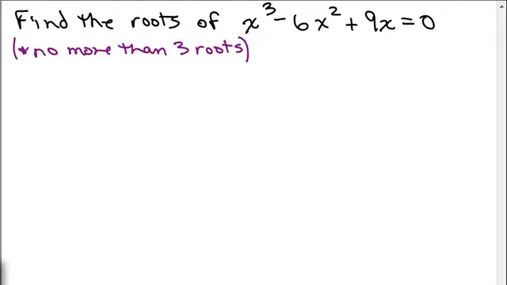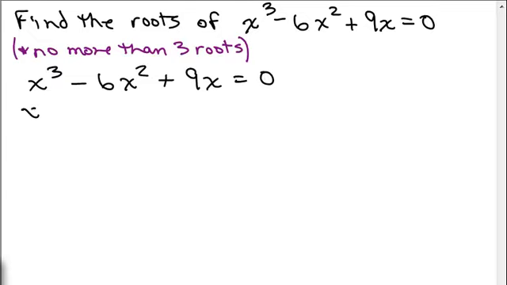So we take this equation, and normally if we have something more than just x to the first power, we set it equal to 0, and of course it is set equal to 0. And then we try factoring. The first step in factoring is to take out the greatest common factor, which is x, and that gives us x times x squared minus 6x plus 9.